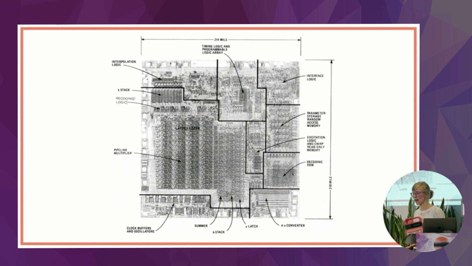That's all LPC parametric filtering. So that is not concatenative. That's not just choosing audios and putting them together. This is actually the original chip, and you can see here it says parameters storage. So it's essentially got a stored lookup table of LPC parameters.